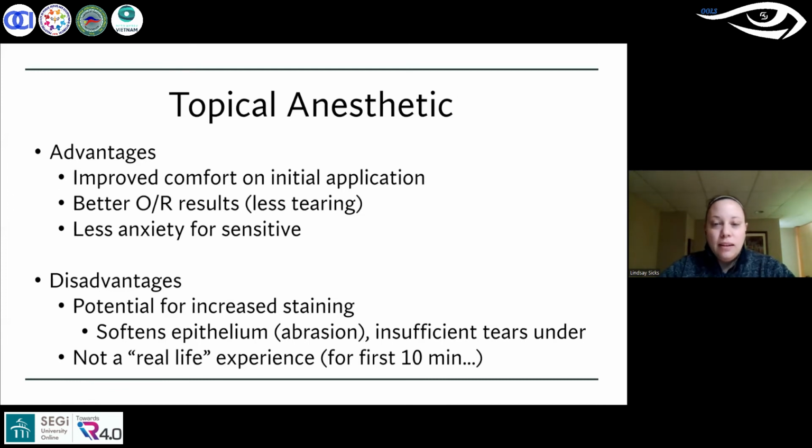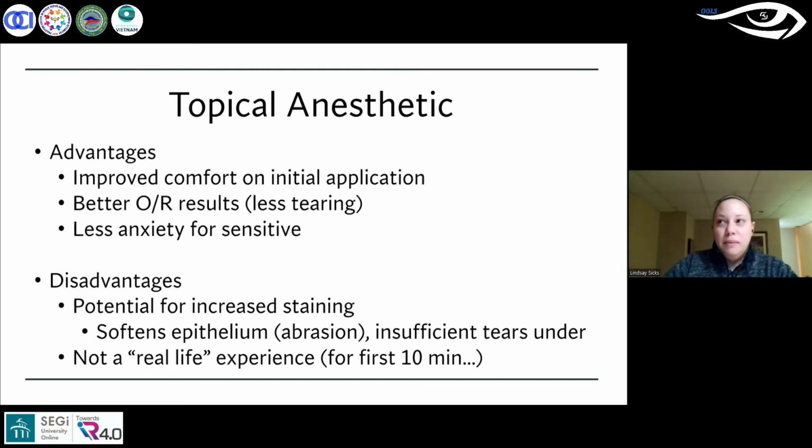The main argument, I think, against topical anesthetic would be your patient is not going to have the advantage of topical anesthetic when they are at home putting the lenses on that night, whatever their first night is going to be. And so using topical anesthetic in the office does not provide a real life experience for them.